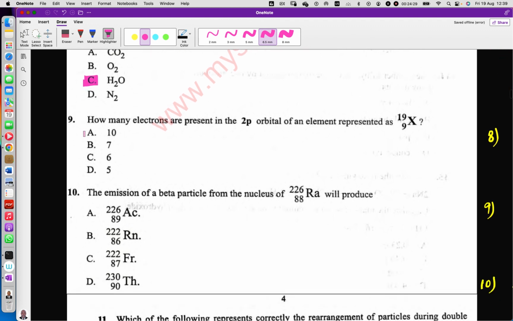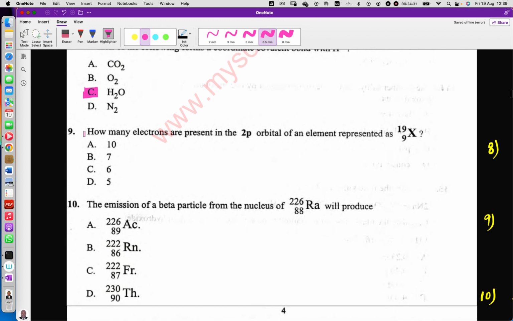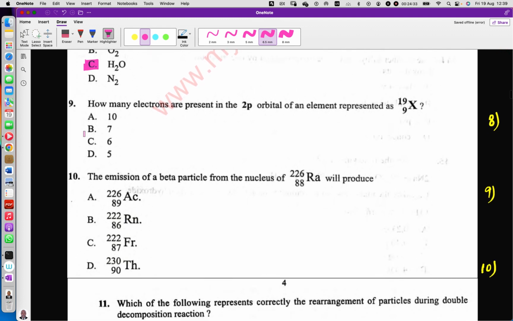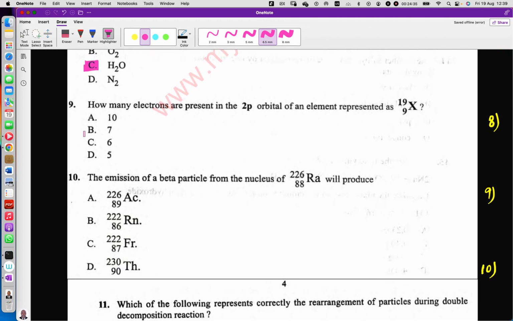Question number 8 is C, as I said. Question number 9. How many electrons are present in the 2p orbital of an element represented as 19 and 9? 19 is the mass number and 9 is the atomic number.